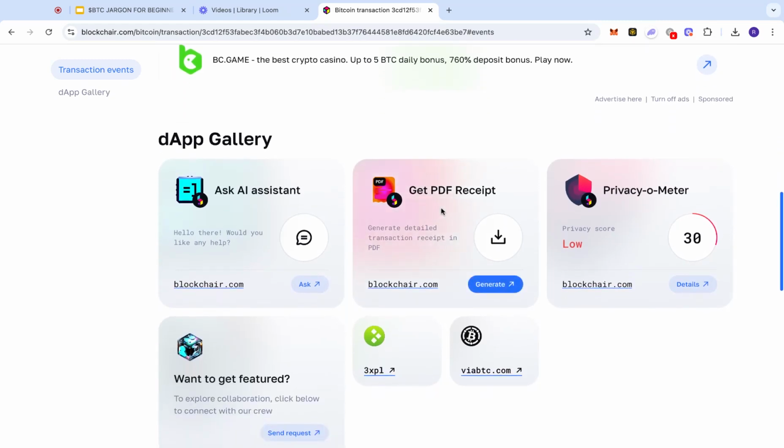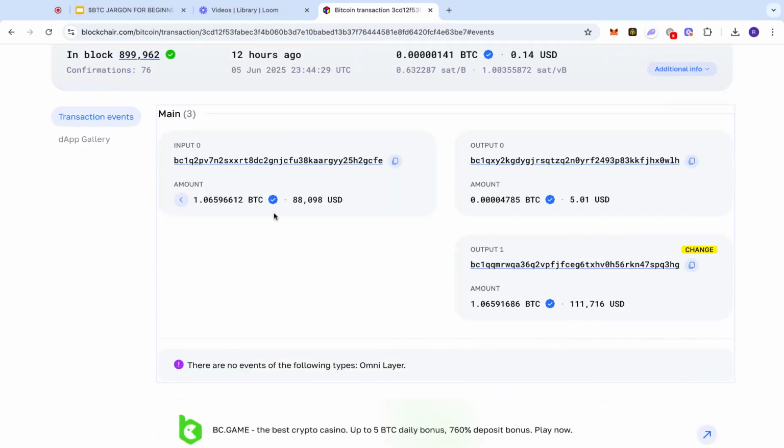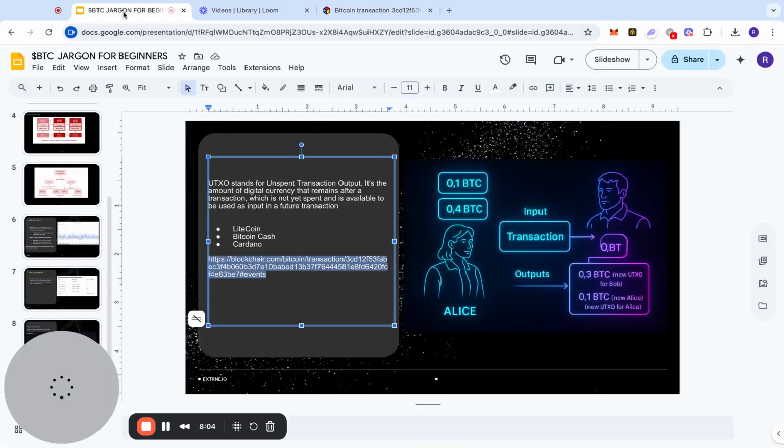Here you can see the transaction. This was the original UTXO, which is the input, and for the output there are two UTXOs. This one was transferred, and this is the change that remains with the user. I hope now you know what UTXOs are and how balances are maintained in Bitcoin.